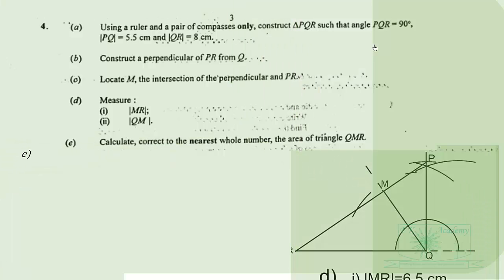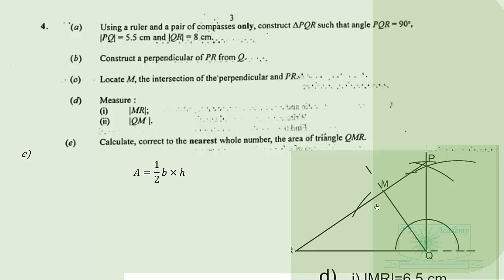So remember that area of a triangle is half times base times height. So we substitute. The base now will be here, or it can be here. So if this is the base, then this will be the height.